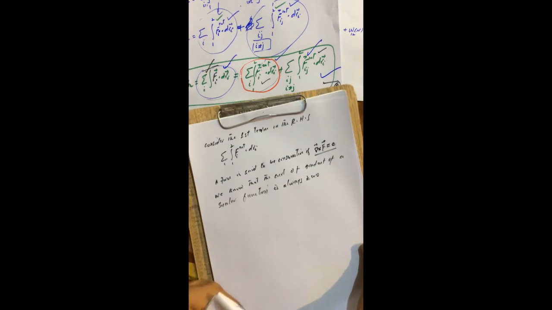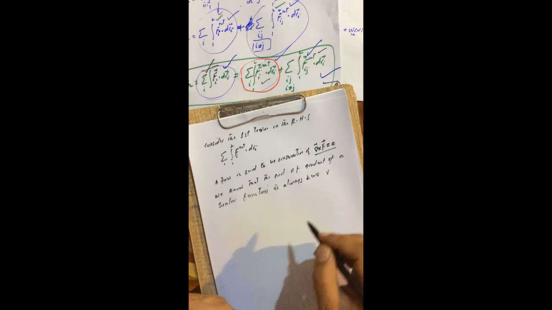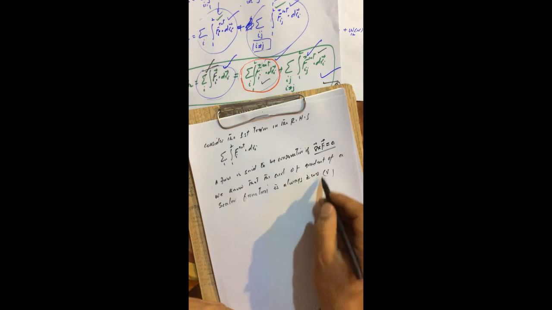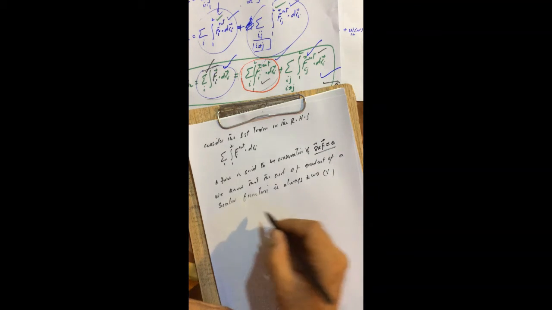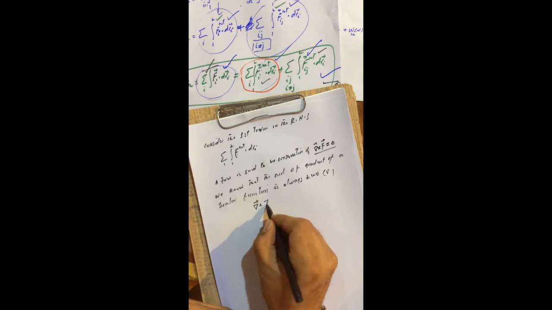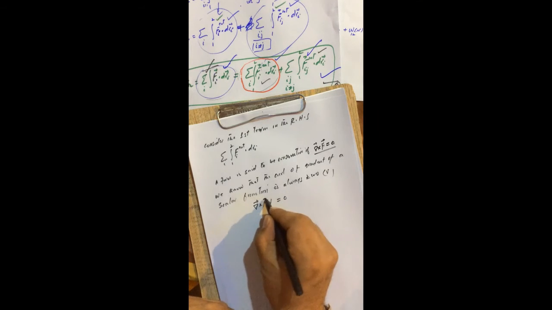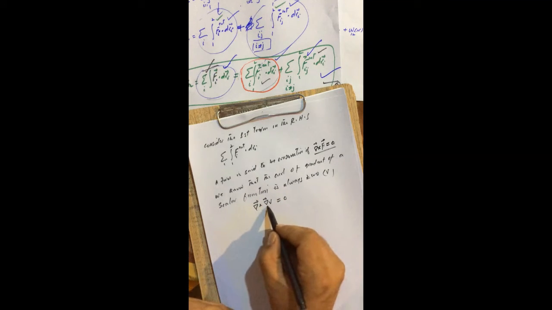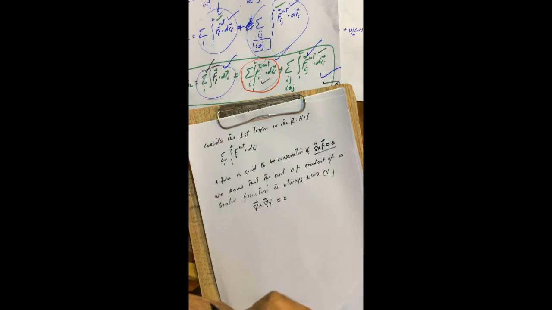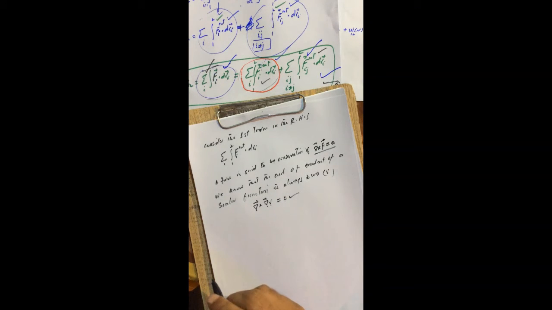What it means is, if we have a scalar function, let's suppose the function is V, then the curl of the gradient of this scalar function is always equal to 0. This is the curl and this is the gradient. So the curl of the gradient of a scalar function is always equal to 0. This is the basic mathematical rule from calculus.